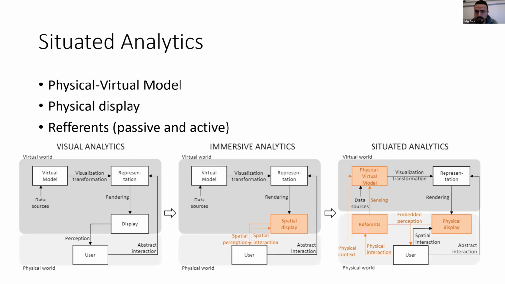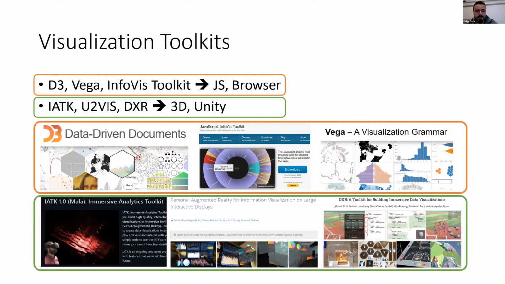So you saw already the whole continuum. Maybe a takeaway message here: there are these browser-based tools in orange, and then we have the Unity-based tools in green, which are fairly recent, from the last 3 to 4 years, and they mostly follow the same principles of this whole visualization decoration.